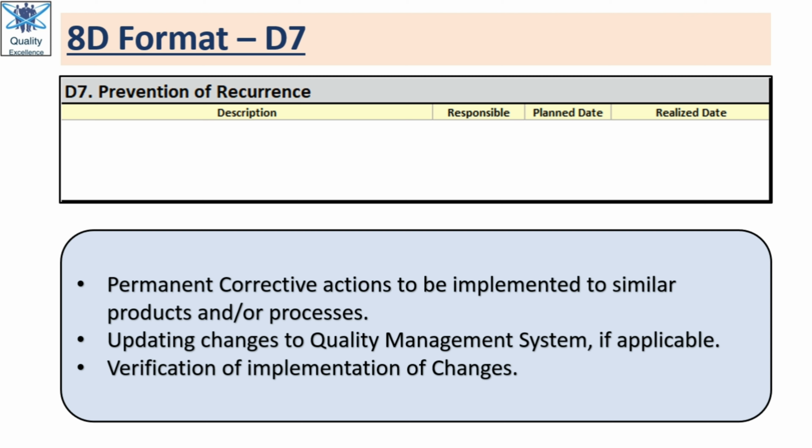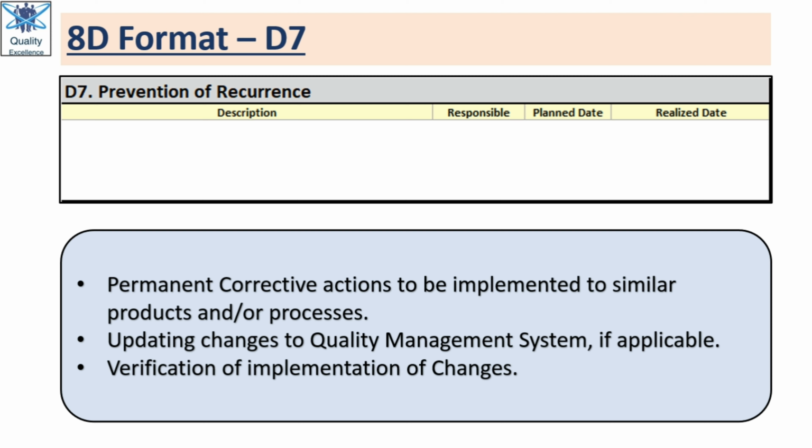And updating changes to quality management system if applicable. So if you find that after this action we need to update some of the documentation, then it is to be done.